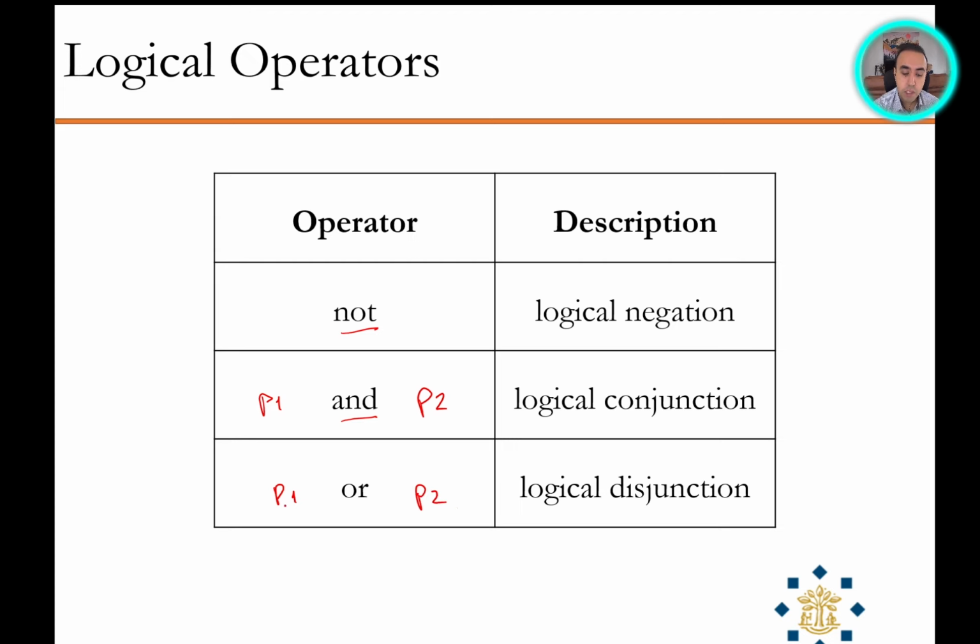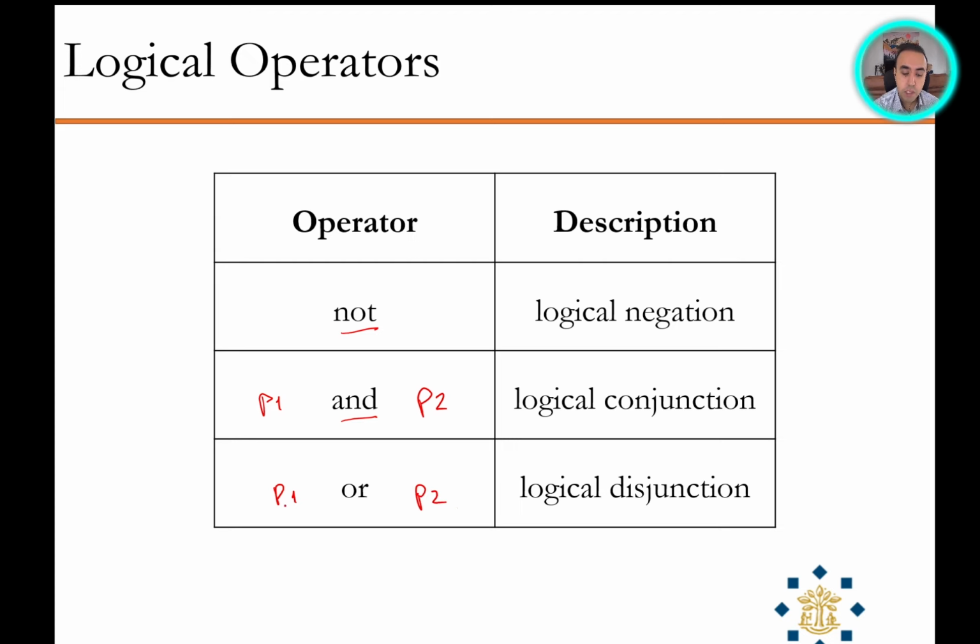If that's the case, the end result is false. You can see the end result here, and the corresponding P1 and P2 you'll see just underneath this column. These are the values for P1, these are the values for P2.